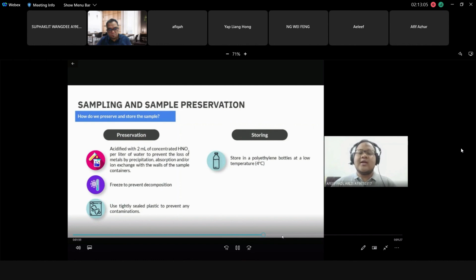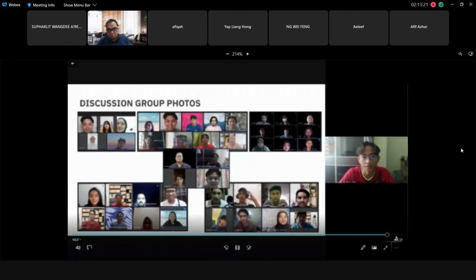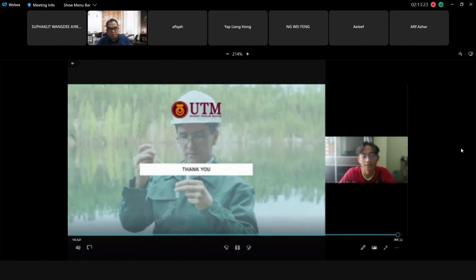We can store it in polyethylene bottles at a low temperature of 4 degrees. For analysis, how should we analyze the sample? For that, taking photos, discussion group photos from our presentation today. Right. Thank you.